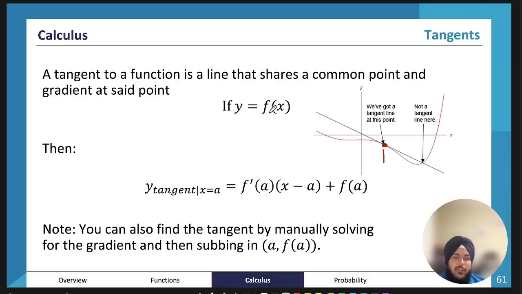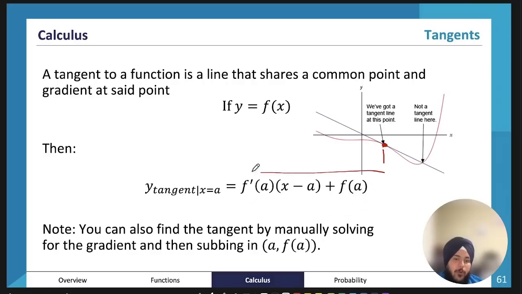We can then sub it into y equals f of x, find the gradient at this point, and then use normal linear equations to determine what the actual tangent line is equal to. That will look something along the lines of this: the tangent at this point will be equal to f dash of a, so the gradient, multiplied by x minus a, plus f of a.